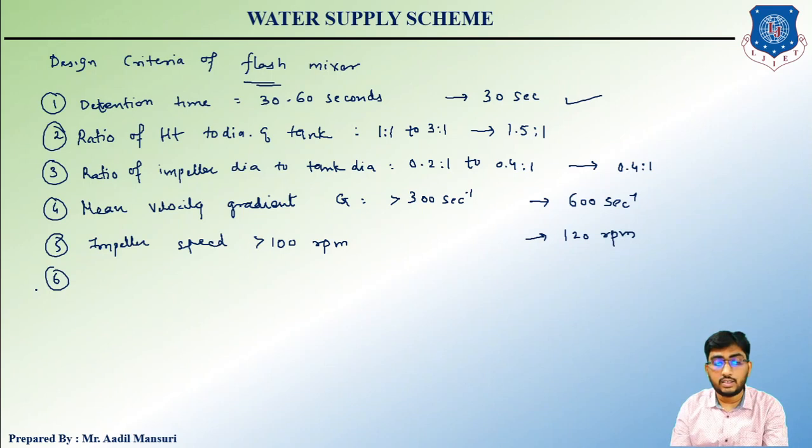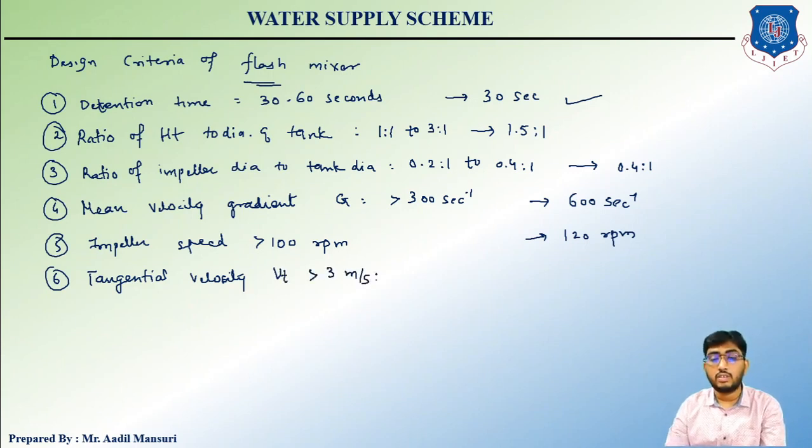Then next, tangential velocity, VT, should be greater than 3 meter per second. Okay, and we have known one relation, that is VR equals 3 by 4 of VT.